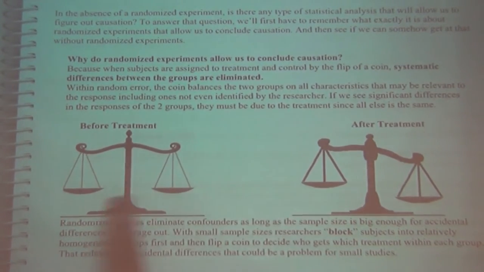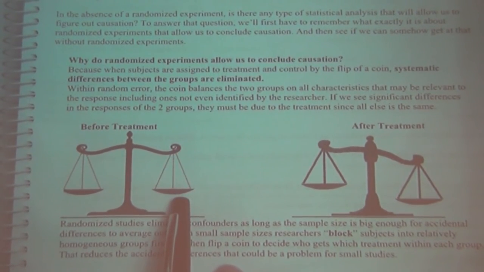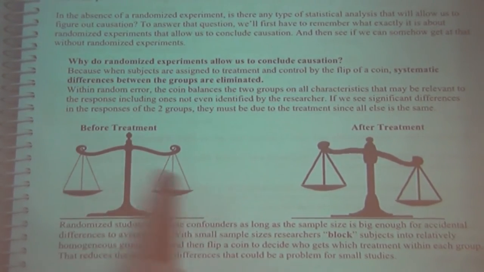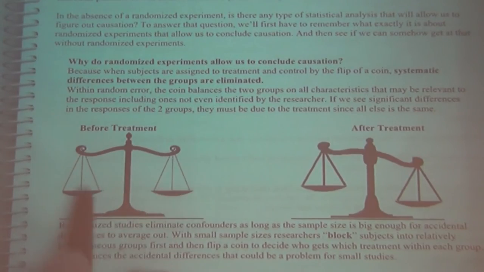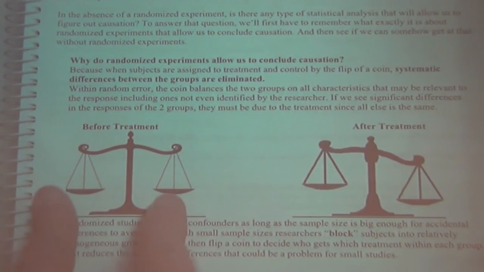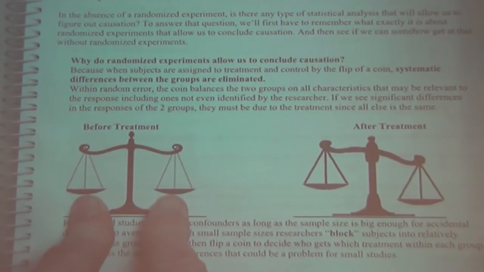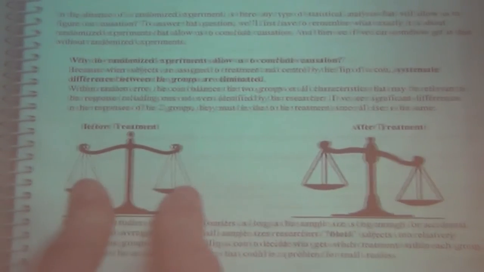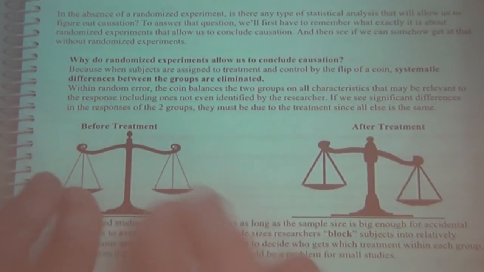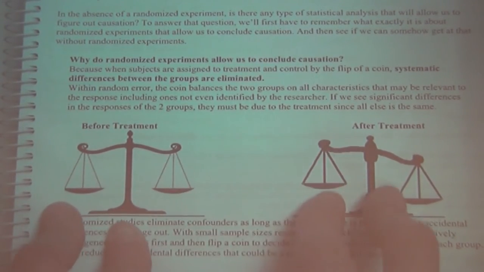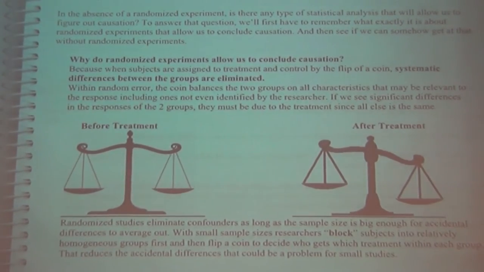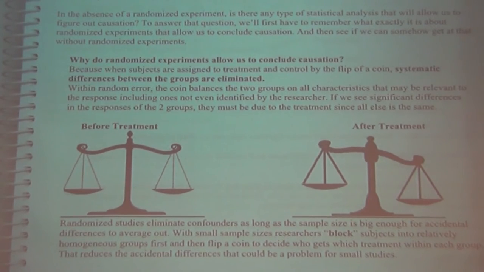Think of it this way: there's balance on all variables before you even assign a treatment. You'd love it to be the same people in each group. That would be great, right? That would be the perfect experiment if they were just clones of each other. Then one group gets the treatment, the other group doesn't, and the only difference between the two groups is the treatment. So if you see any difference in the responses of the two groups, it has to be the treatment because there's nothing else. That's the idea.